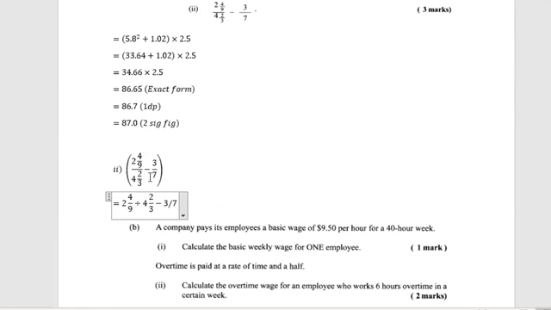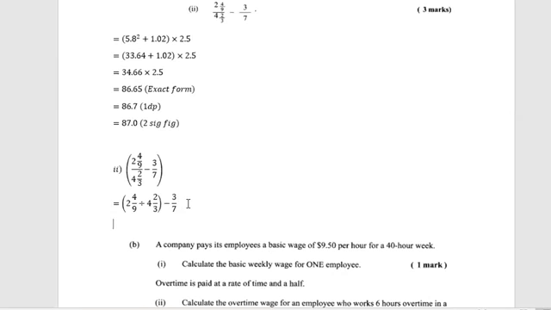So what I'll do is I'll put a bracket around the first two fractions that I will be working first, which would be the 2 and 4 over 9 divided by 4 and 2 over 3. So what I'm going to do first is to change these mixed fractions to improper fractions.